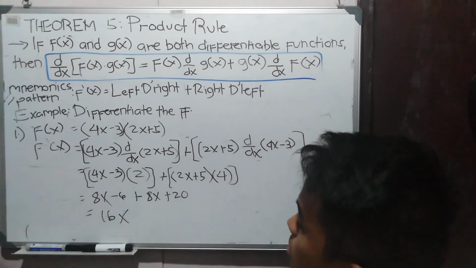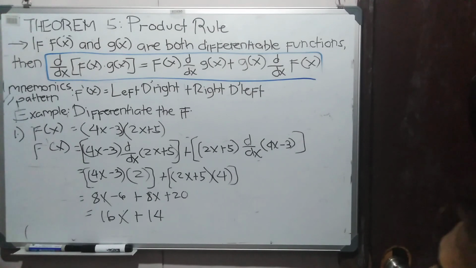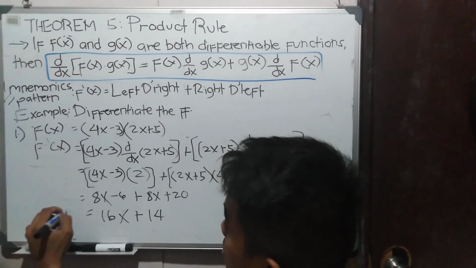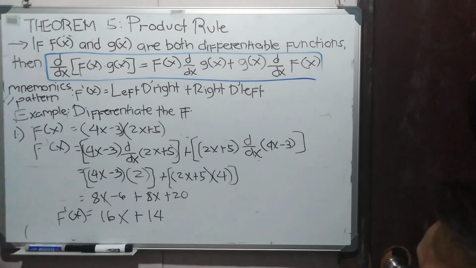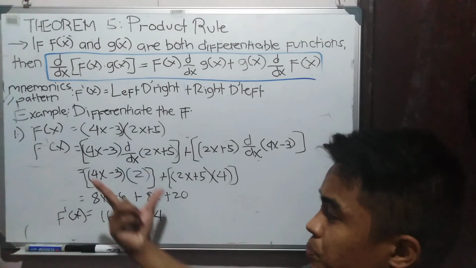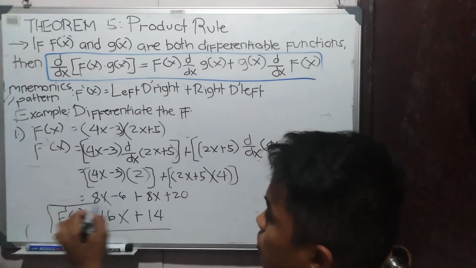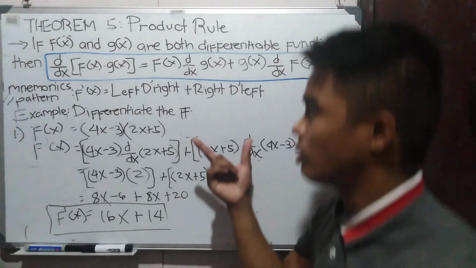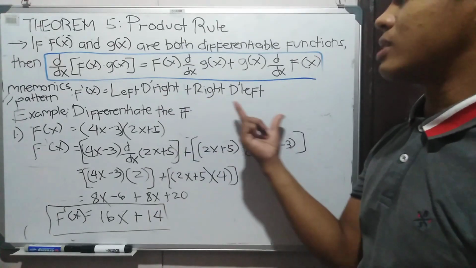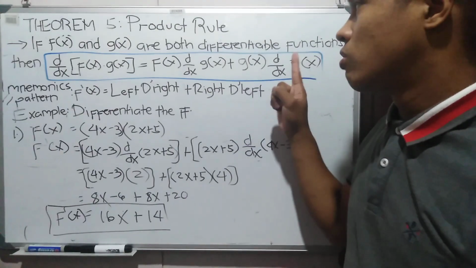Then negative 6 plus 20 will be positive 14. So our final answer is 16x plus 14. So the derivative of this function is 16x plus 14. Okay, so again, nasa inyo siya kung i-apply nyo si left the right plus right the left, kung magiging mas madali sa inyo yung pag-memorize na formula.